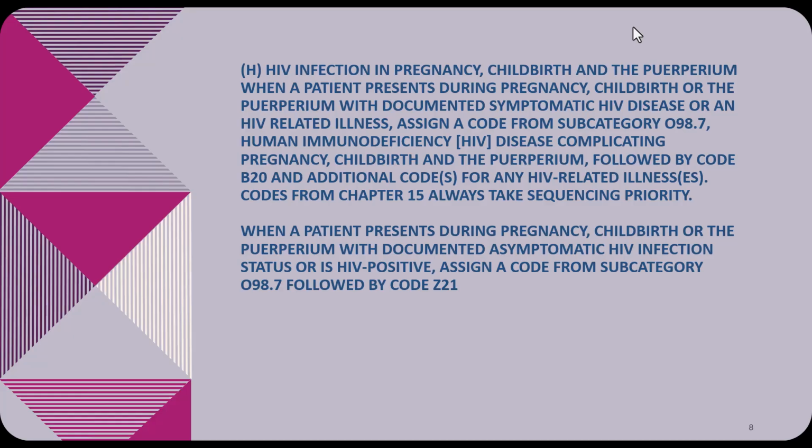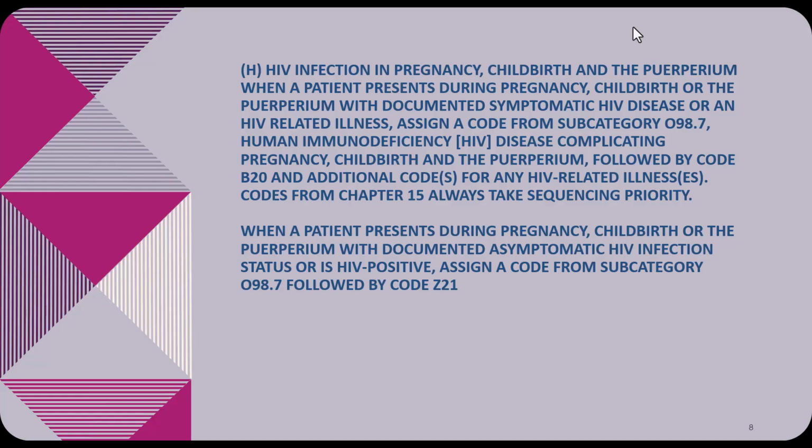So in this case, if she is HIV positive or has an HIV-related disease, you have to assign O98, HIV complicating pregnancy, followed by B20. My guess is the B20 is there because it's such a known code that it's easy for somebody to understand that this pregnant lady does have HIV.